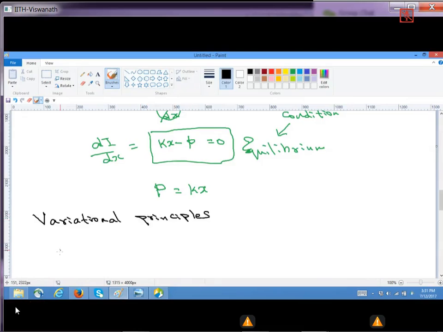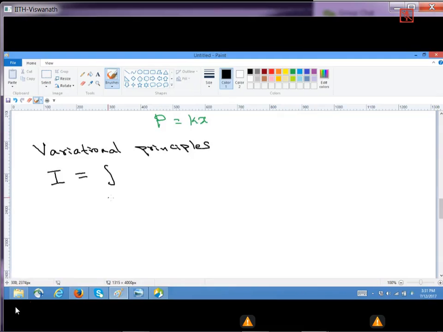Suppose we take I as our potential or objective function, which is defined as the integration from A to B of some function of x, u, u dash, u double dash and so on, dx.